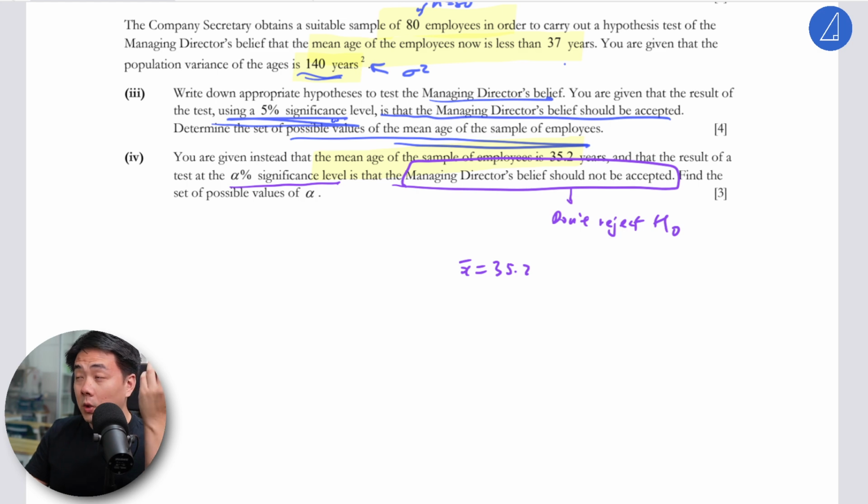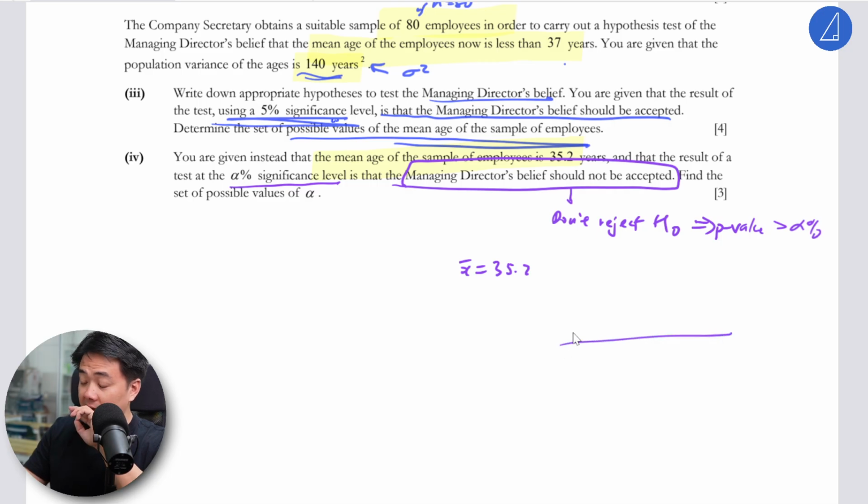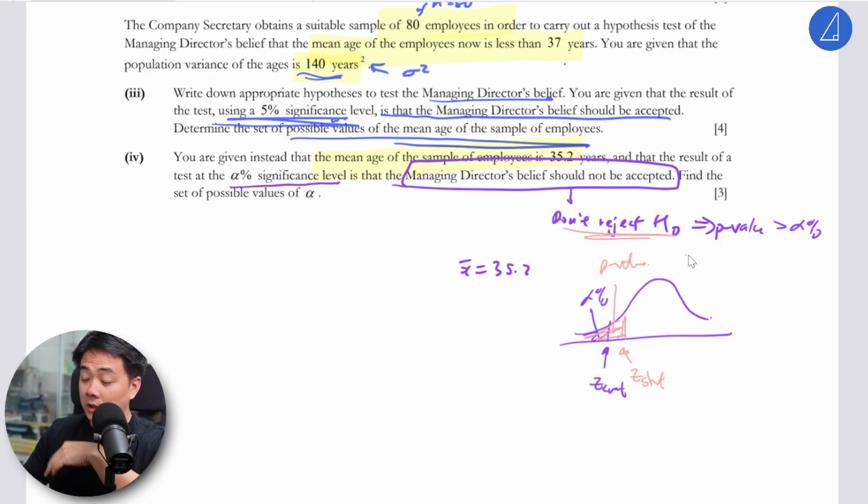This one is just using the p-value method from GC. Just find the p-value. You know that don't reject H naught means the p-value should be more than alpha percentage. Okay, the idea is basically if this is my alpha percentage, this will correspond to my z crit. So the p-value is this z statistic. Okay, so this is the p-value. So if you do not reject H naught, your p-value has to be more than alpha percentage. That's that.